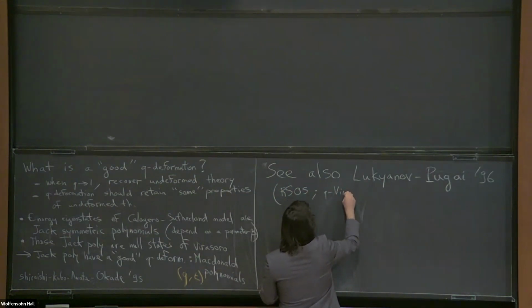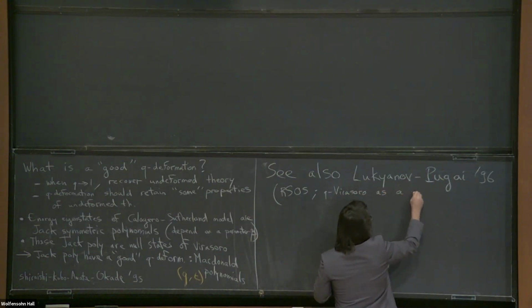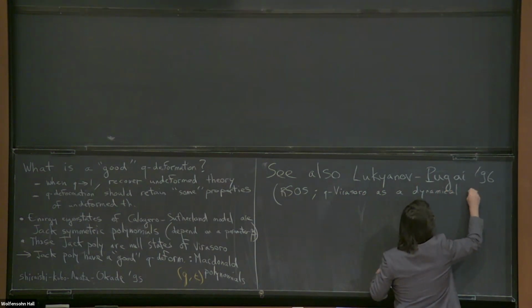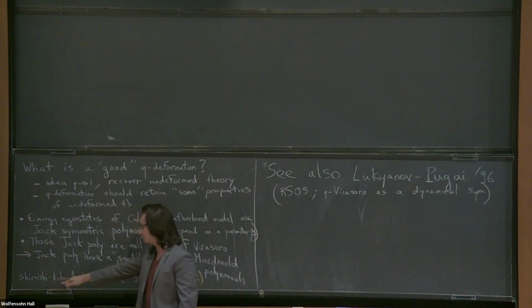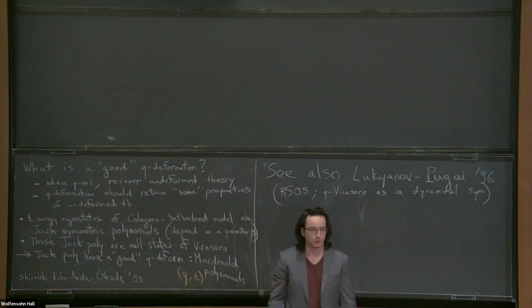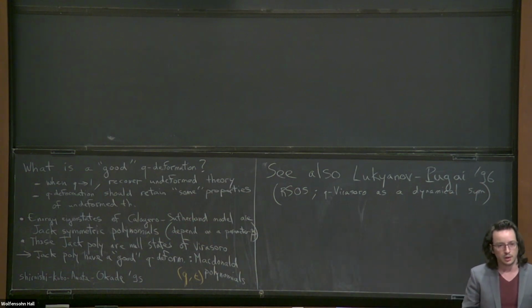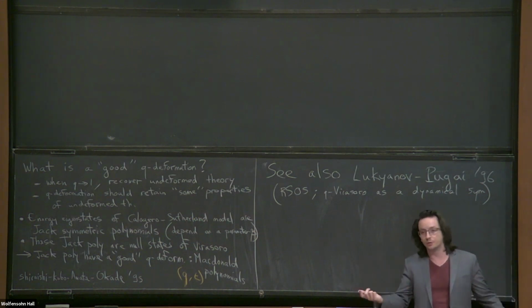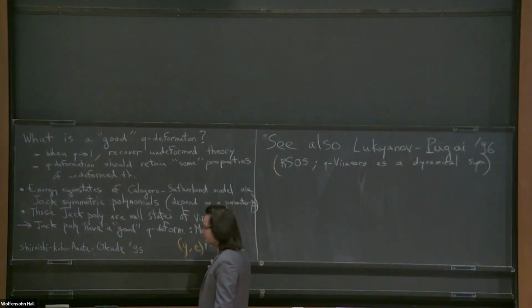And what do I mean by q-Virasoro here? The question that these authors, Shiraishi, Kubo, Awata, and Okada in '95, asked was: if the Jack polynomials realize the null vectors of Virasoro, what do the Macdonald polynomials realize? A natural guess would be that they should be null vectors of some more general theory, and so they wanted to call this q-Virasoro, and that's how they defined it.